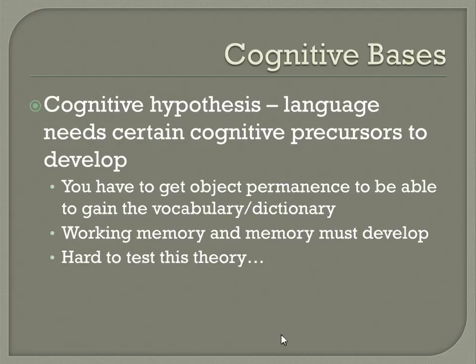And why is that? Well, a lot of it is that the systems aren't developed yet. So your working memory, your memory systems are still developing, your language system is developing, so you don't have an overlay to save that information with. And so these cognitive systems have to develop first for you to really strengthen your language skills.